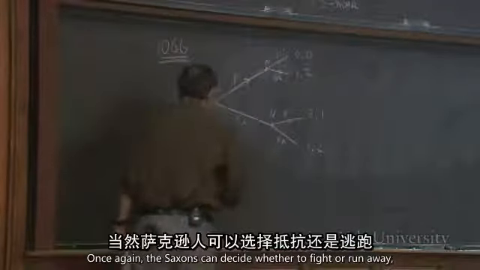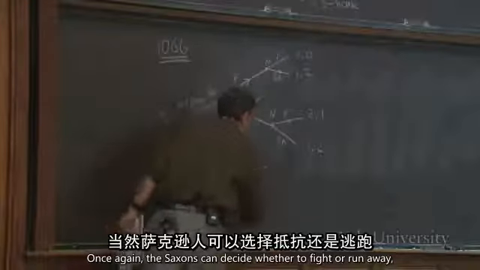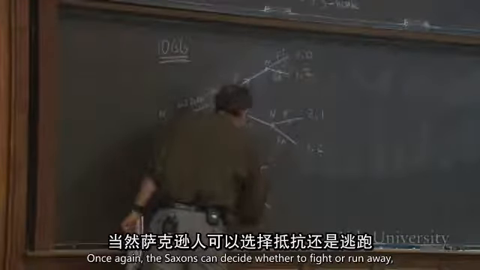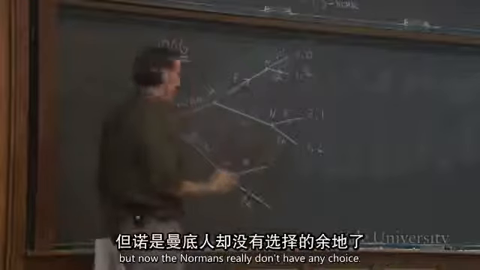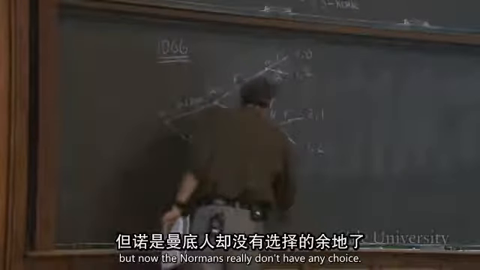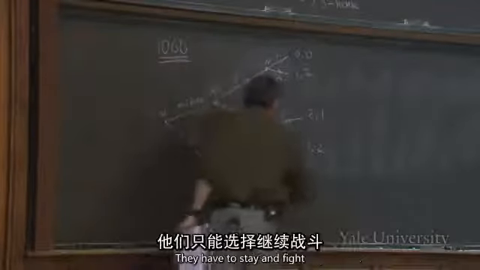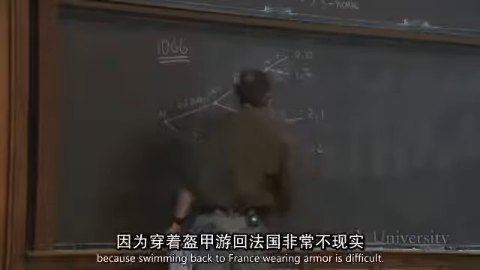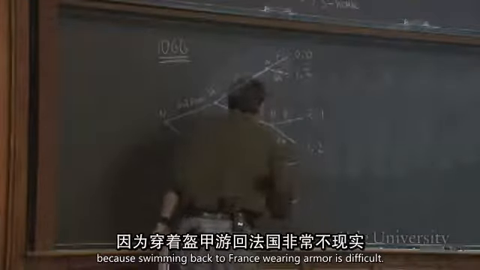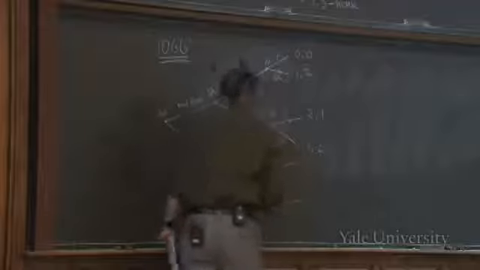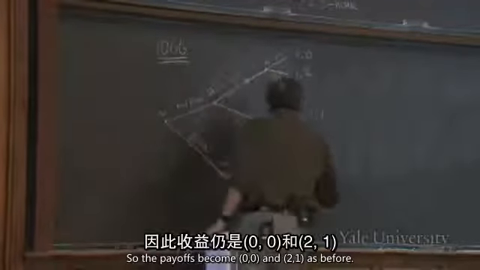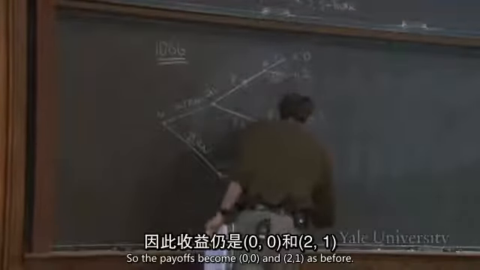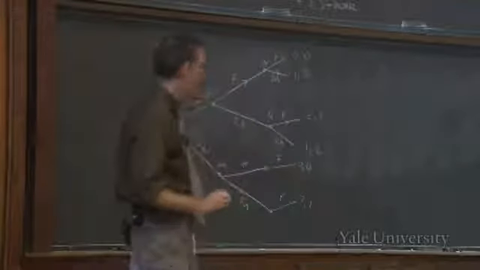Once again, the Saxons can decide whether to fight or run away, but now the Normans really don't have any choice. They have to stay and fight, because swimming back to France wearing armor is difficult. All right, so the payoffs become 0-0 and 2-1 as before.